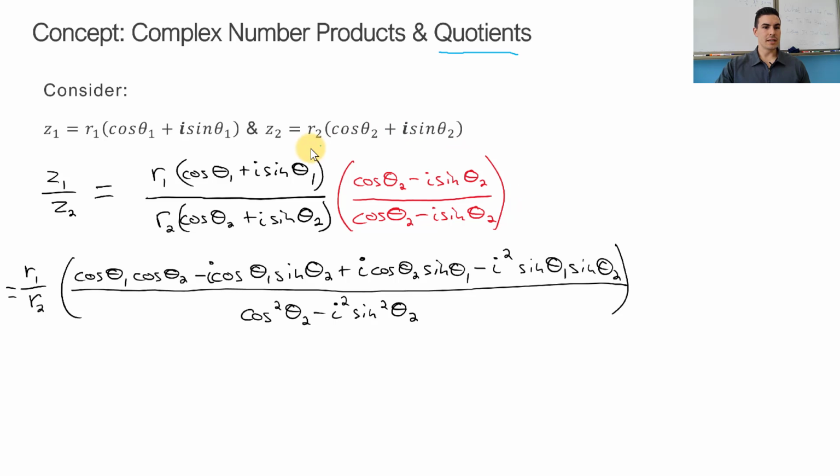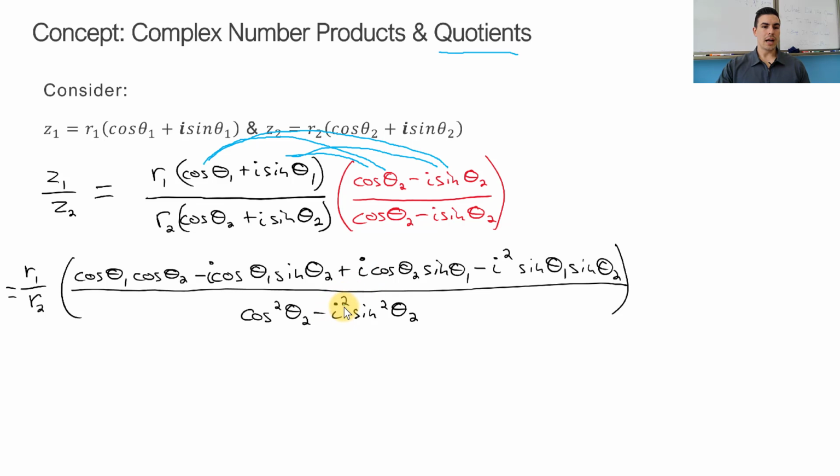But all this is, we've just gone ahead and foiled our numerator, and then our denominator as well just reduces to a squared minus b squared, right? So it's going to be cosine squared theta 2 minus i squared sine squared theta 2 right here in my denominator.